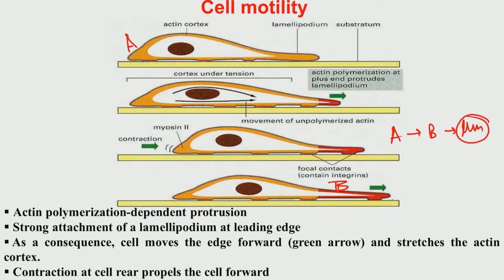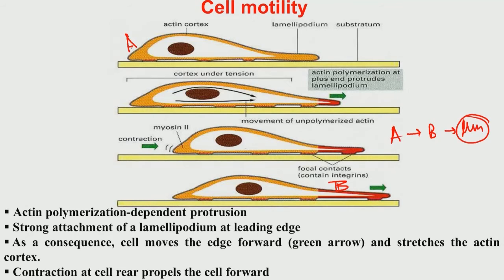So, in 1 hour a cell can move in a particular direction only by tens to 100 micrometers in length scale. Therefore, it happens in real life the way it appears here.